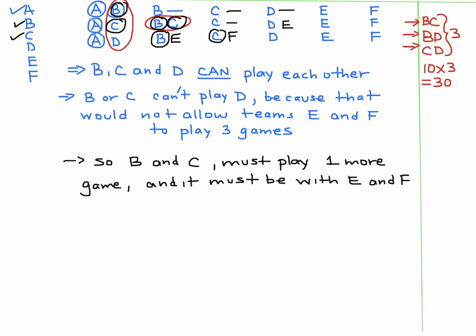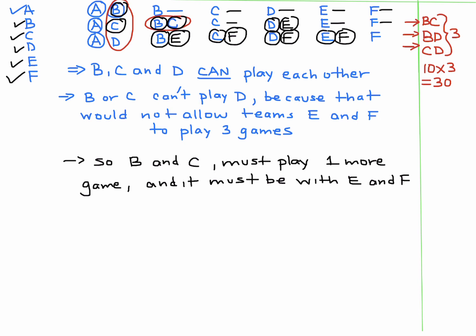Now D already played A here, so we don't need to talk about that guy. But then D will obviously have to play E and F to pick up 3 games. And then so far we have, let's see, E and F have already played 2 games each. So obviously they need one more game, and therefore E will play F. And that's it. E is 1, 2, and 3, and F is 1, 2, and 3.